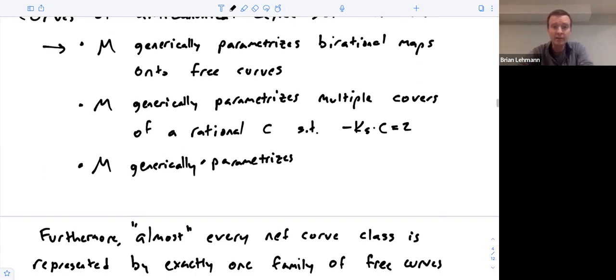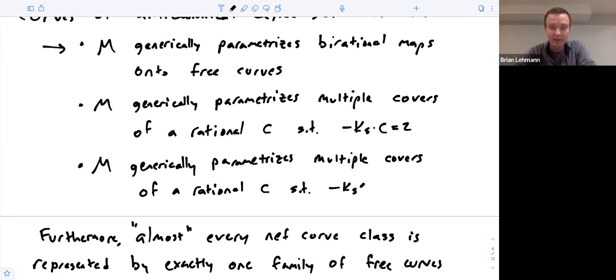The last possibility is that M generically parametrizes multiple covers of a rational curve C such that minus K_S dot C is equal to 1. So these will be either minus 1 curves, or if S has degree 1, then they can be the singular elements of the anti-canonical linear series. And these are the 3 possibilities.